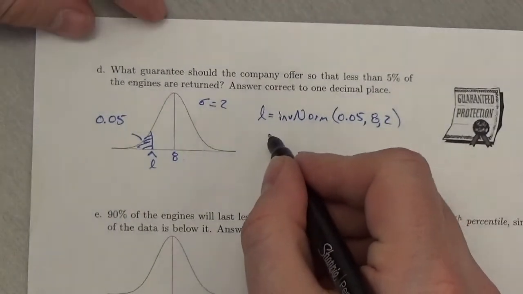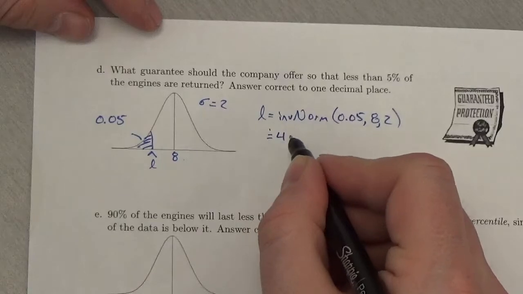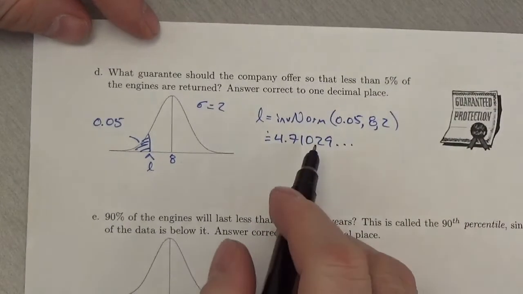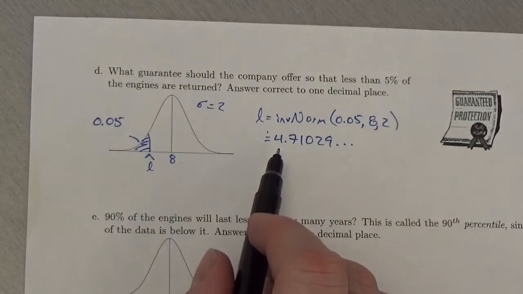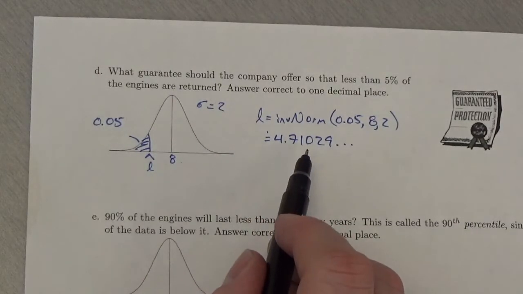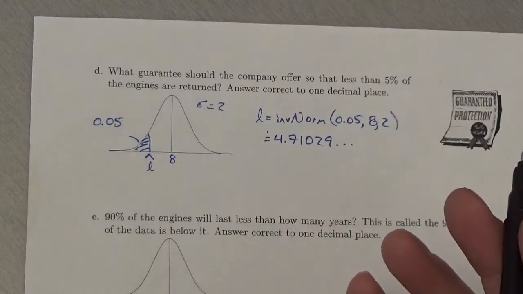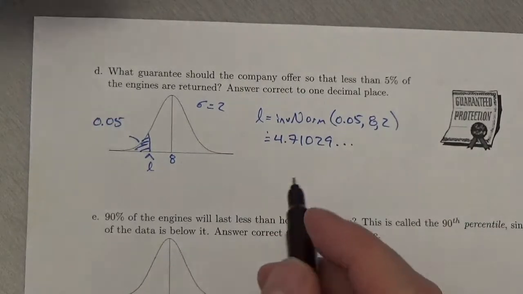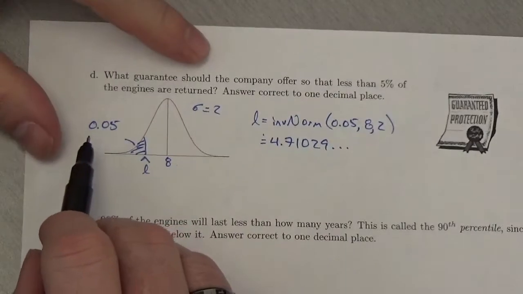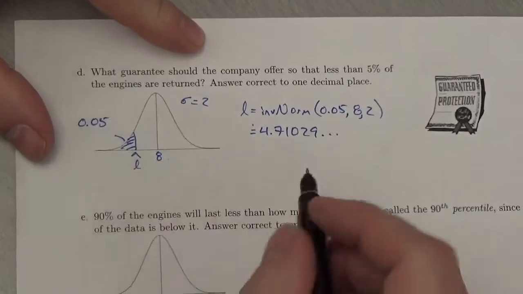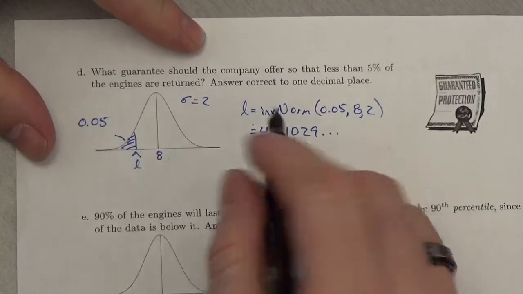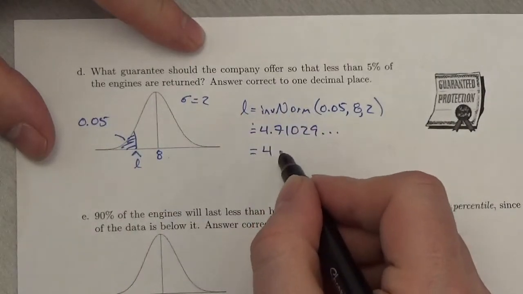So I'm going to write this out here as approximately 4.71029. Now the thing is, if I round that up to 5 as a warranty, so they're going to guarantee this for 5 years, that means I'm going to be replacing more than 5% of those engines. So what I'm actually going to do is my guarantee here is only going to be for 4 years.